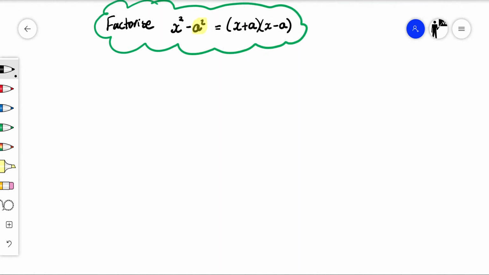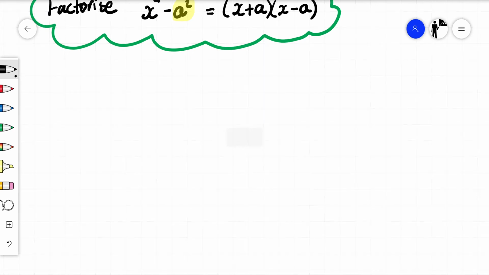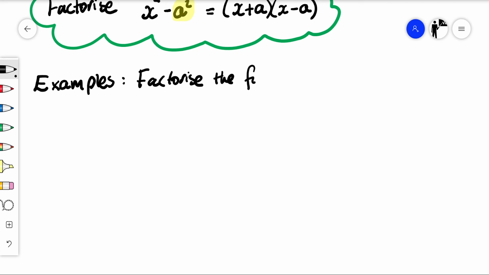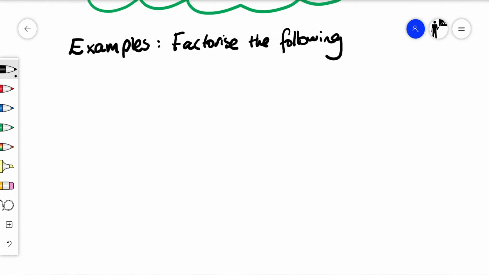So let's have a look at 3 examples. I'm just going to write down: factorise the following. Remember, to factorise means to put the brackets back in.